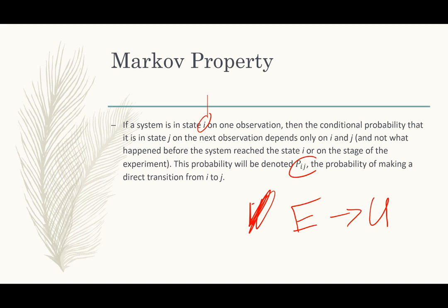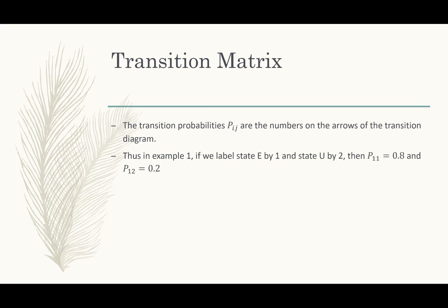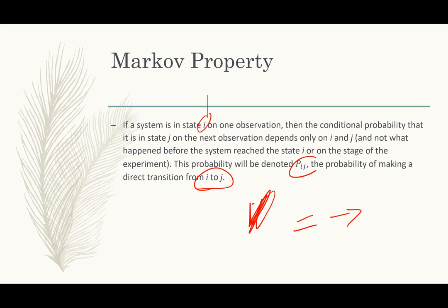This probability P_ij is where our matrix is going to come from. It's the probability of making a direct transition from I to J. Let me show you how to make a matrix from our problem.